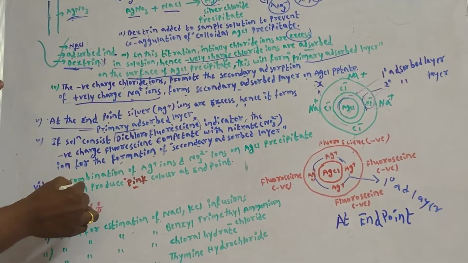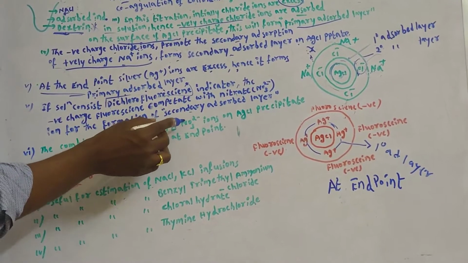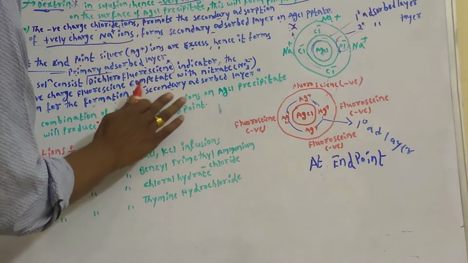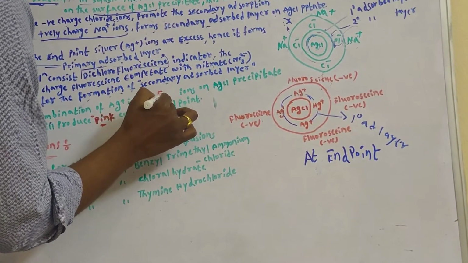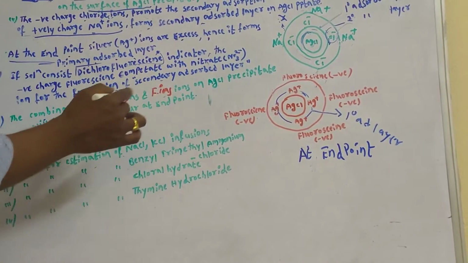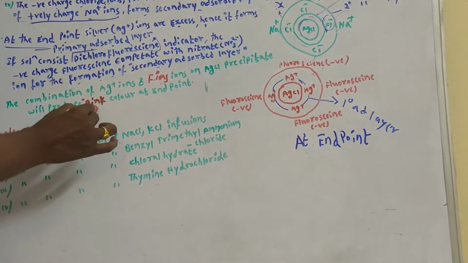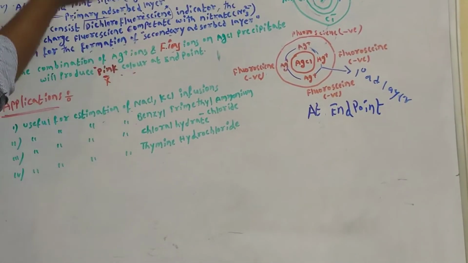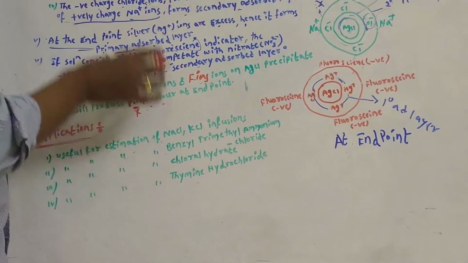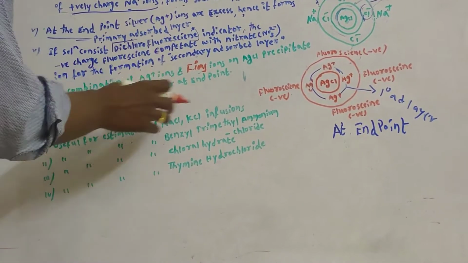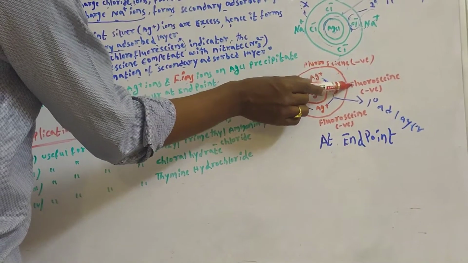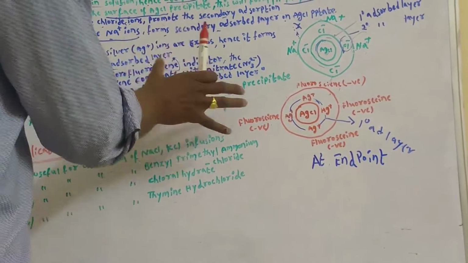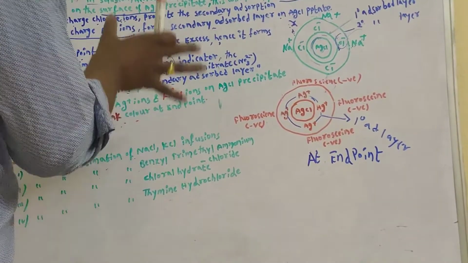You can see the combination of silver ions and fluorescein ions on the AgCl precipitate will produce pink color at the end point, because the dichlorofluorescein indicator gives pink color at the end point. This pink color is due to adsorption of fluorescein on the AgCl precipitate. This is the main concept of Fajans method.